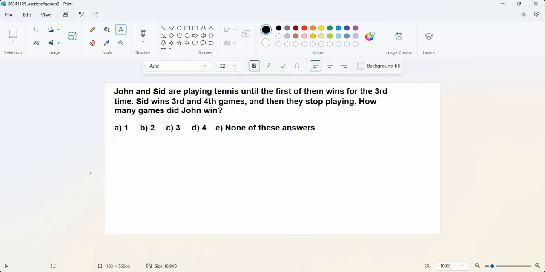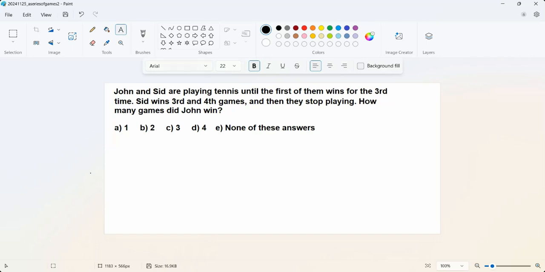We have John and Sid who are playing, and we know that some games were won by John and some by Sid. We always know how many games the winner won because that's already given in the problem.